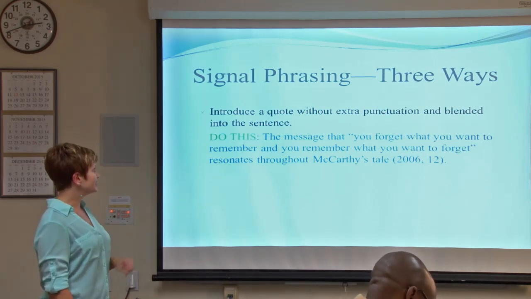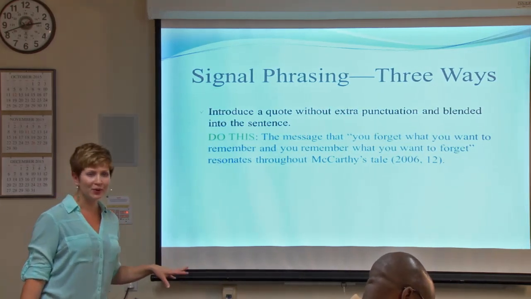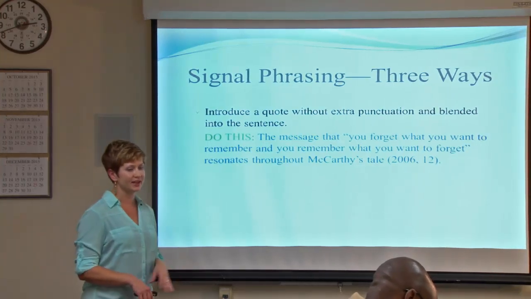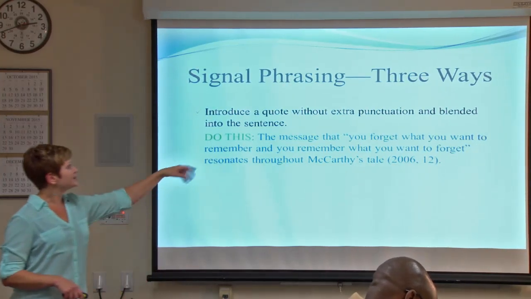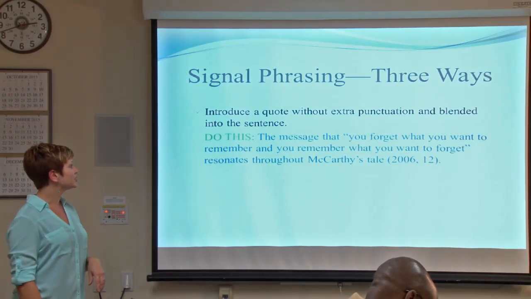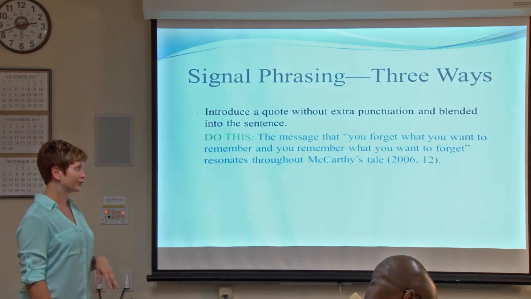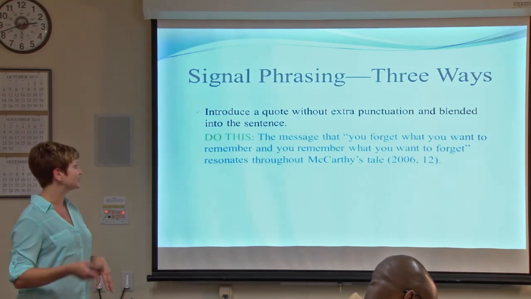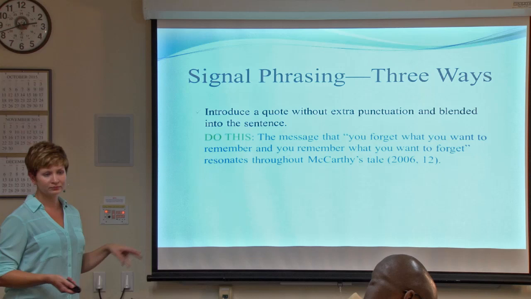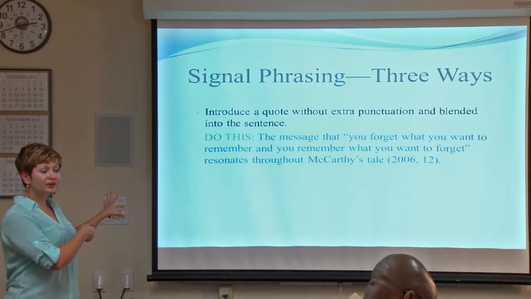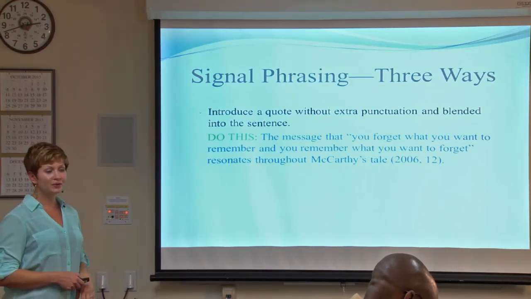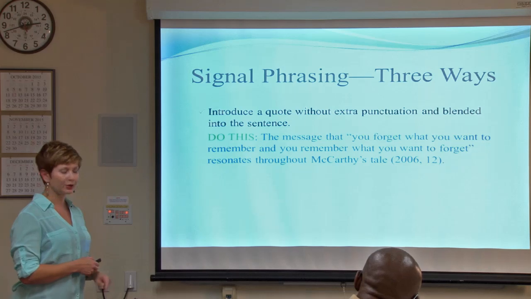The third way is to introduce a quote without extra punctuation and blended right into your sentence. So the message that, quote, you forget what you want to remember and you remember what you want to forget, unquote, resonates throughout McCarthy's tale. Now, these are literary examples, but they do apply to you because you'll use the same principles in your work.